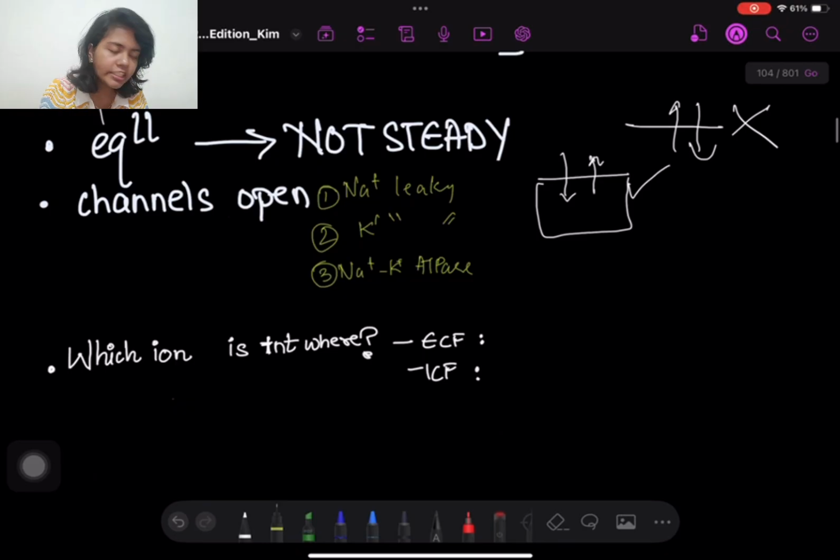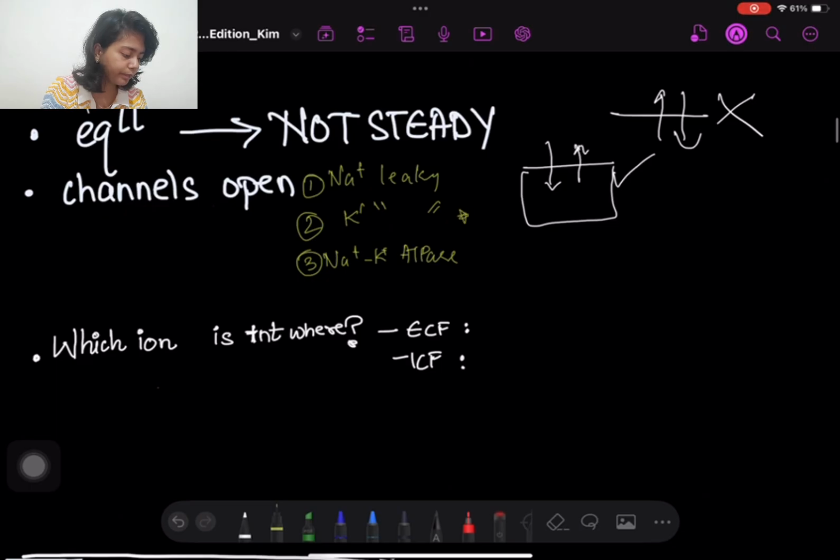And sodium leaky channels not that extensively, very little. Potassium leaky channels very extensively. And the sodium potassium ATPase pump. So which channels are open in RMP? Sodium leaky in a bit less amount, potassium leaky extensively active, and the sodium potassium ATPase pump.